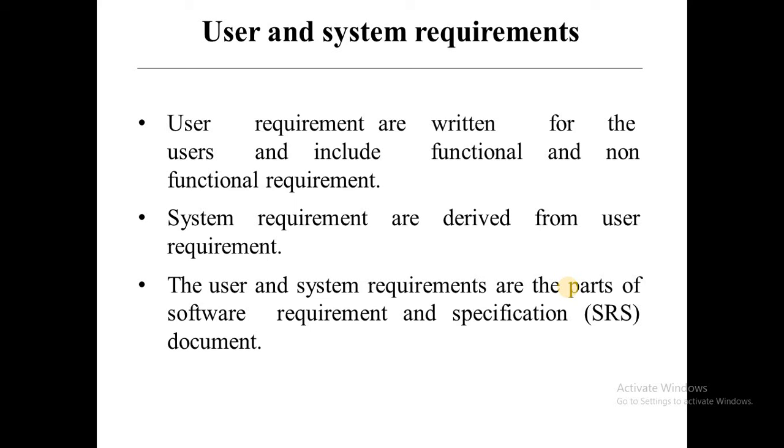The user and system requirements are parts of the software requirements specification document. Everything should be clearly defined in the SRS document. SRS is completely a requirements document. It should have everything about the software system: user requirements, system requirements, in user requirements the functional and non-functional requirements.